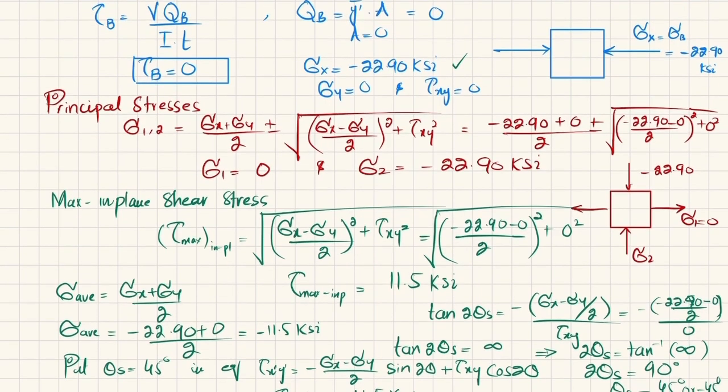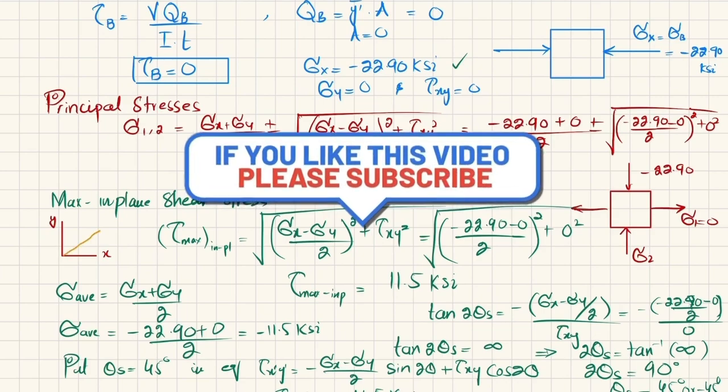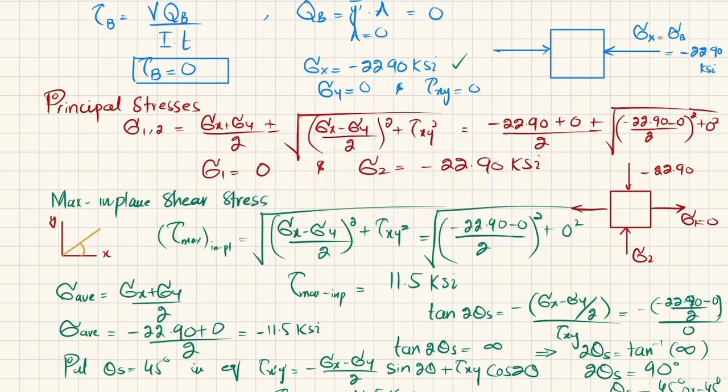Now if you want to represent it on a state of stress element, let this be the initial x, this was y, clear? When you rotate it 45 degrees counterclockwise, because θs is positive 45 degrees counterclockwise, your new y dash will be like this, and you draw the element like this.